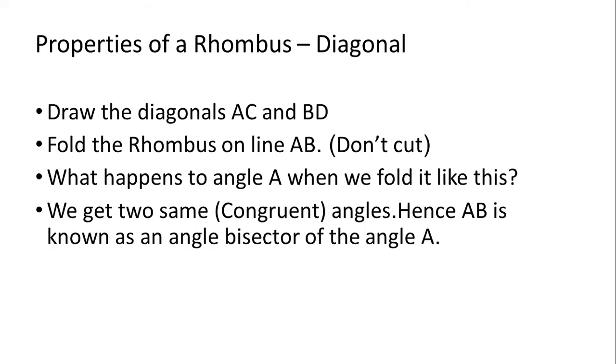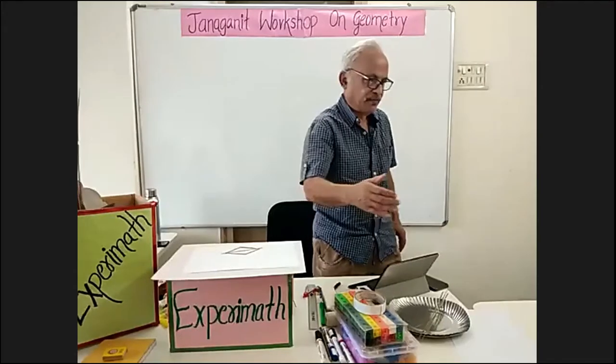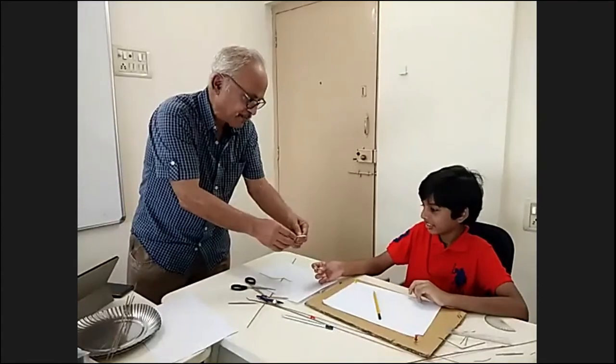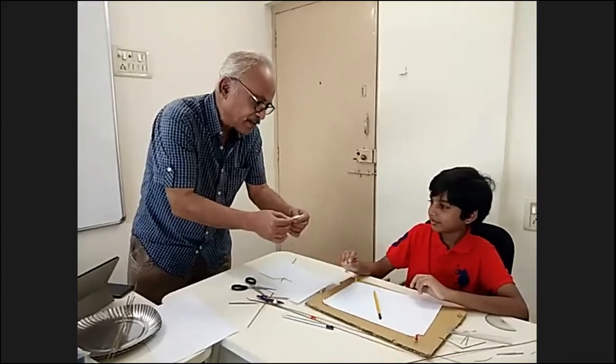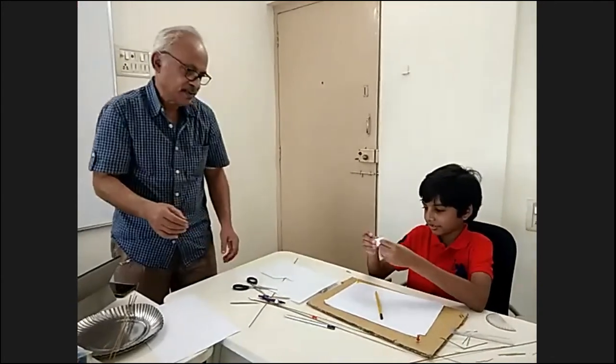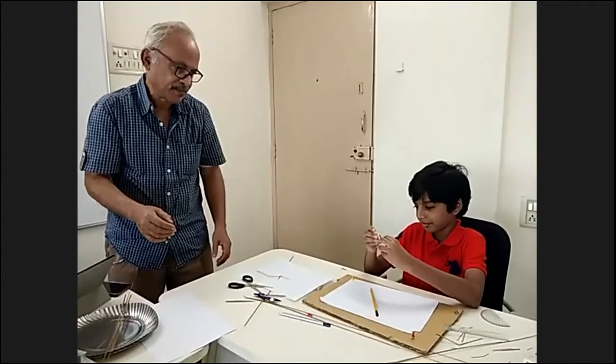Now, let's continue. Let's take the same angle which we made out of paper, and now let us fold along the other diagonal. Okay, we have folded along this diagonal, along AD. Now fold it along BC. Exactly, yeah.